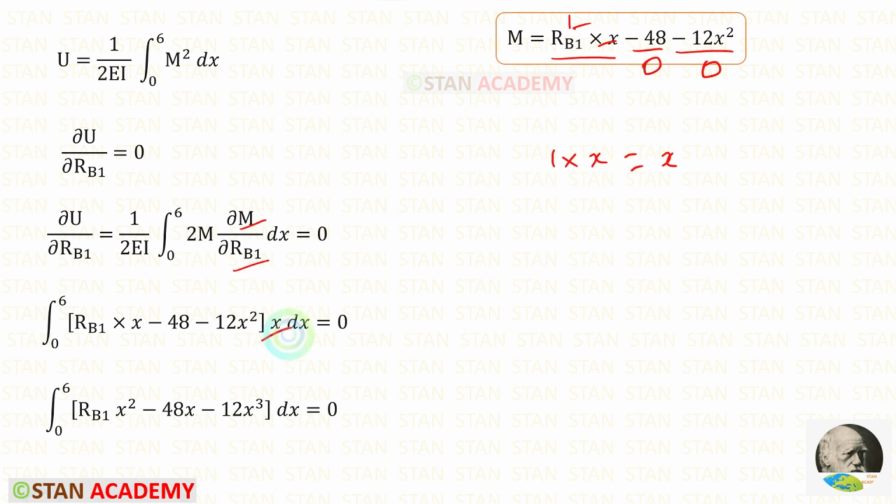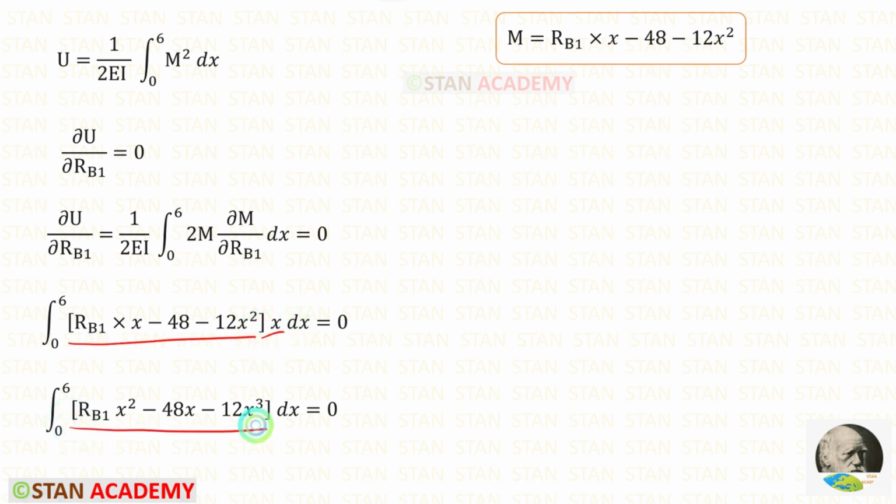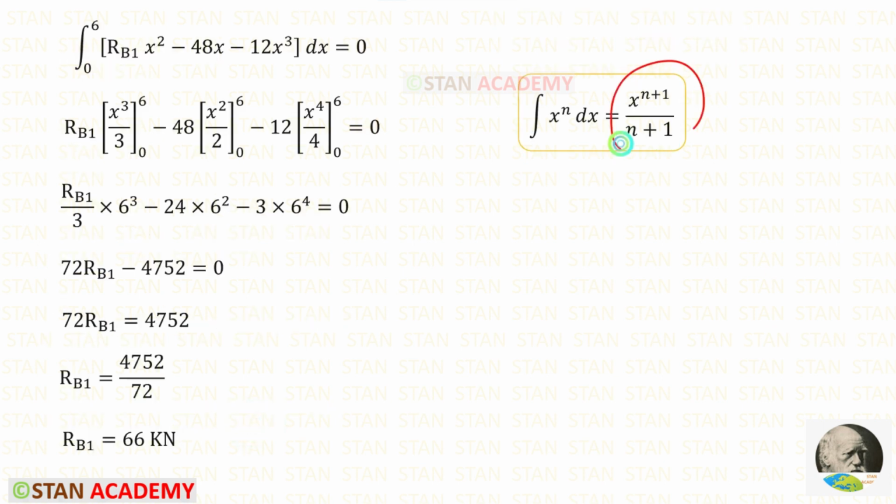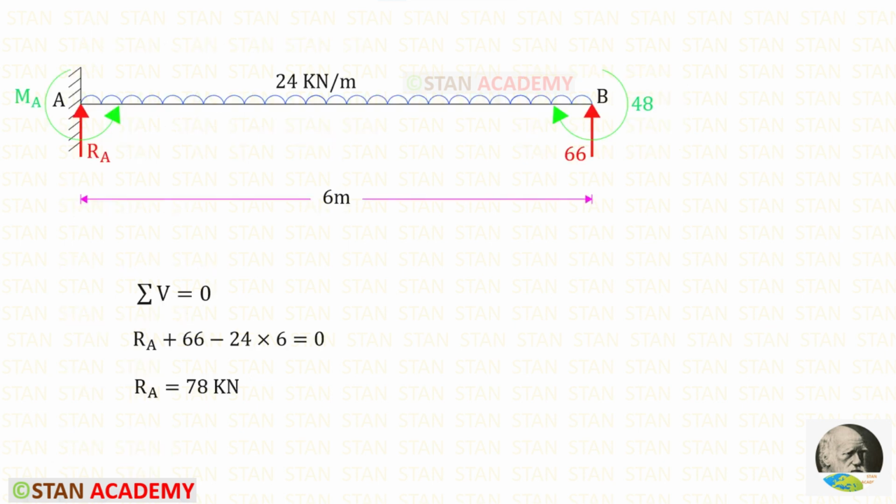Let us multiply this with the x so that we will get this. Then using the formula, we can do the integration. After integrating and simplifying, for RB1, we will get 66. Now using the rule sigma v is equal to 0, we can find RA.